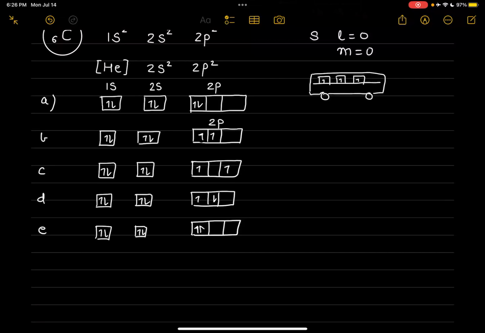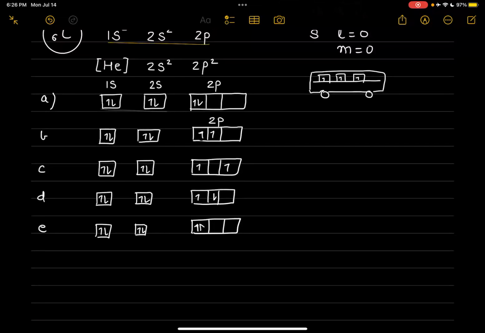So Hund's rule tells us that these orbitals should be filled first with a single electron each with parallel spins, and once each one has that single electron, then you should start the pairing. You should not pair directly.